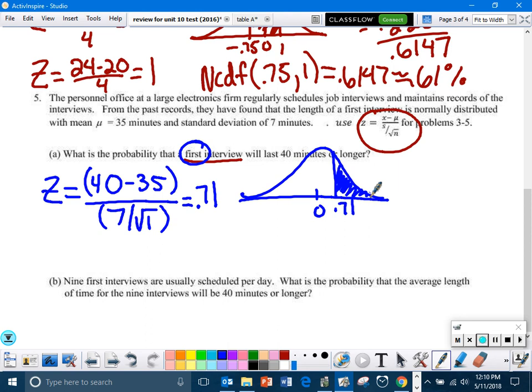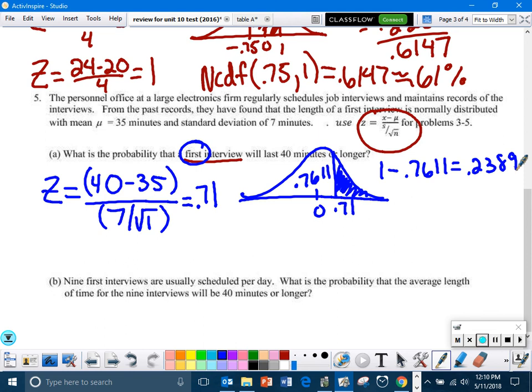Okay, when I go to the table and look up 0.71, I'm not going to flip back and forth anymore, so if I go to 0.71, I'm going to get 0.7611. I got to go 1 minus that. And that's going to give me 0.2389.